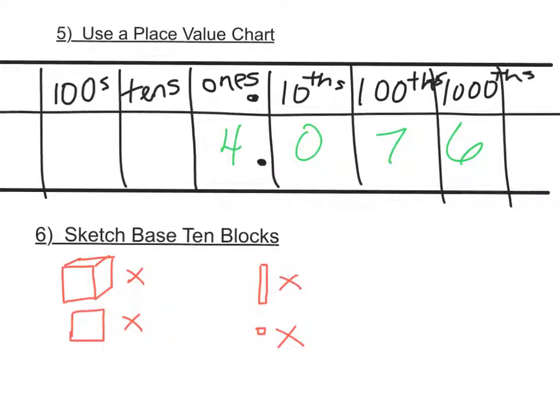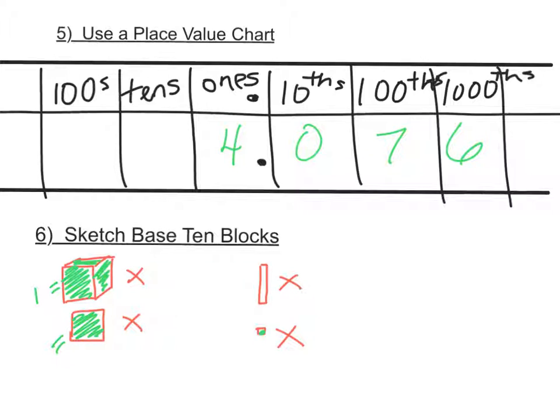The sixth way is to sketch using base 10 blocks, and what we've done is we've redefined our original thousands block, which is here. We used to call this the thousand, and we used to call this little one here the 1. But what we did, again, is we zoomed in and we enlarged the 1 so that we could actually see fractions of that number. So 1 block represents 1 whole, the old thousands block.